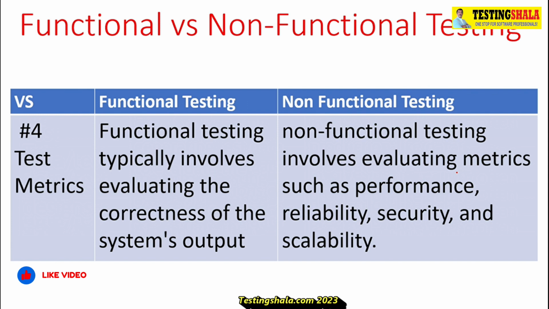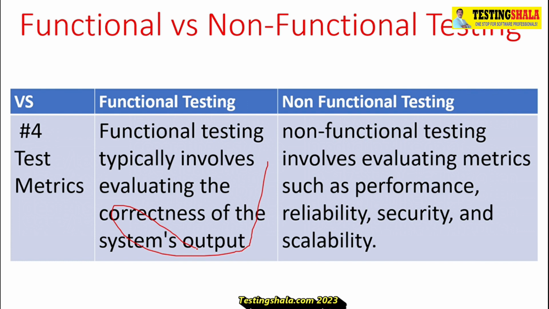Functional testing normally involves evaluating whether the output of the system is correct or not. Once we test the functional aspect, we pass or fail the test cases purely based on the output, whether it is working as expected per the requirements or not.